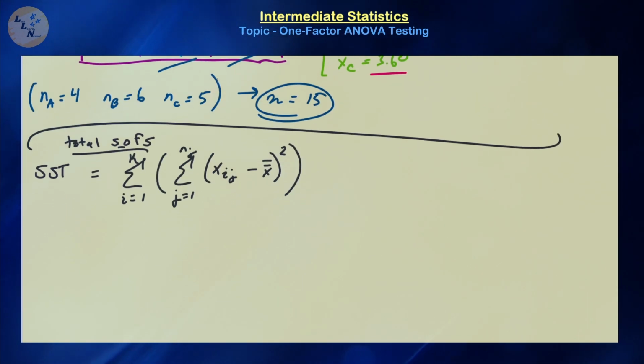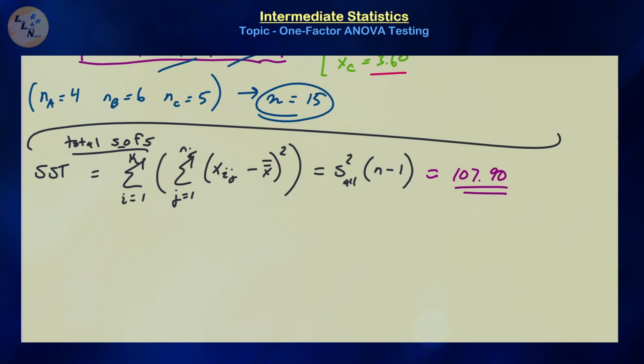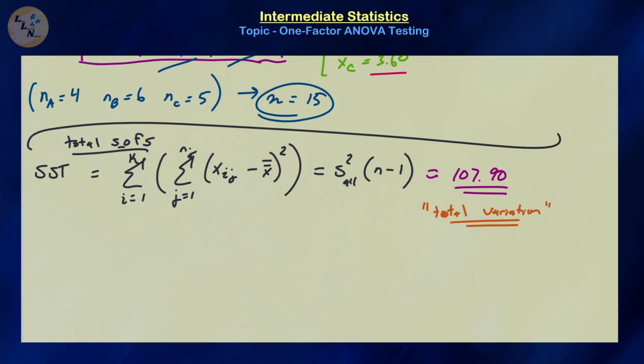One can actually show that this is equal to the variance of all the values times the total sample size minus 1. In that case, it's going to be 15 minus 1, or 14, and you should be able to find that that's approximately equal to 107.90. In terms of interpretation, you can talk about this as the total variation in my study, because I'm pretty much comparing all of my values to the grand mean.